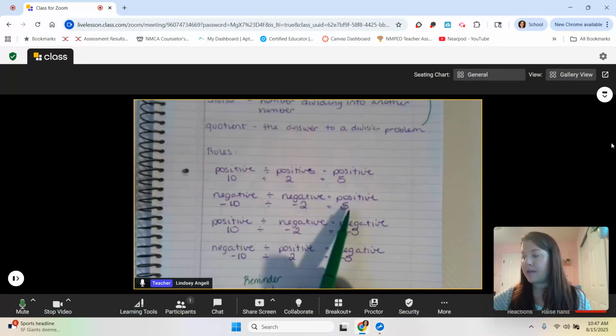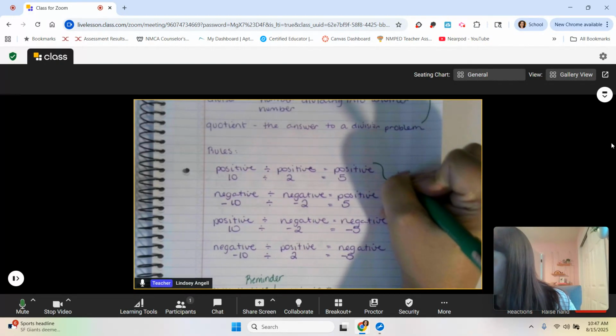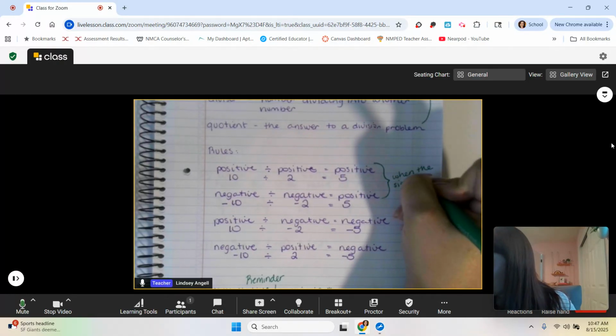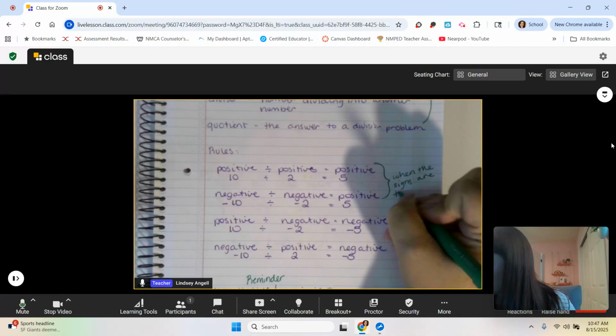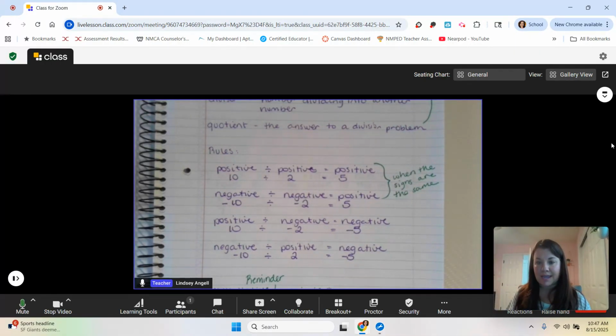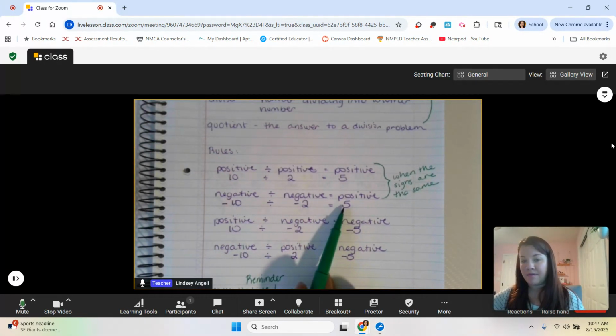Negative divided by a negative is also positive, all right? So this is when the signs are the same, okay? When the signs are the same, you get a positive answer, right? So negative 10 divided by negative 2 is positive 5.